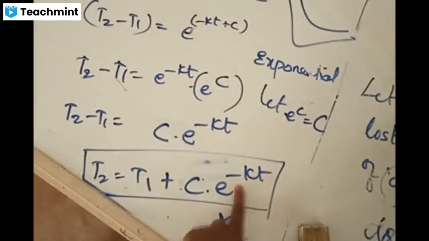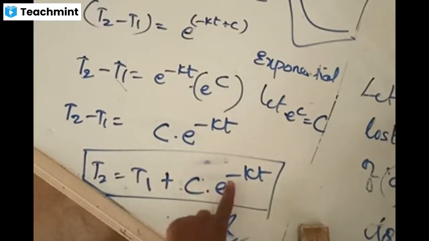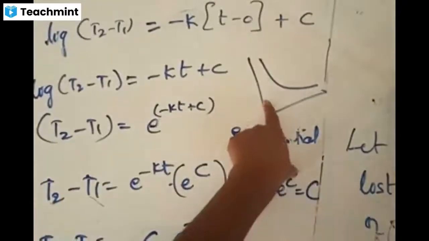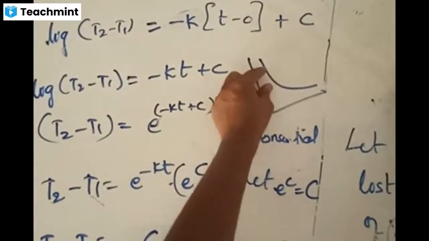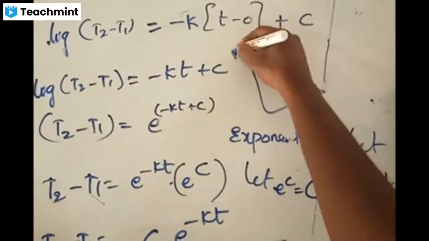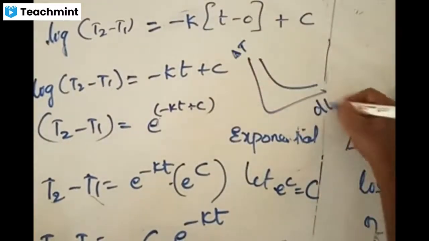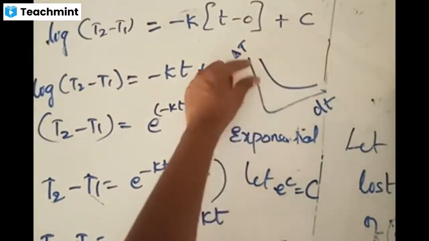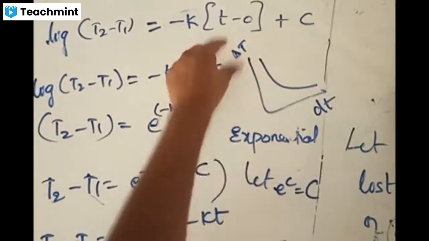Now, the minus sign in the exponent indicates that this temperature is going to decrease exponentially. What do you mean by decreasing exponentially? This is the graph drawn between change of temperature and change of time. For some time interval, the decrement is not the same as it was the first time.